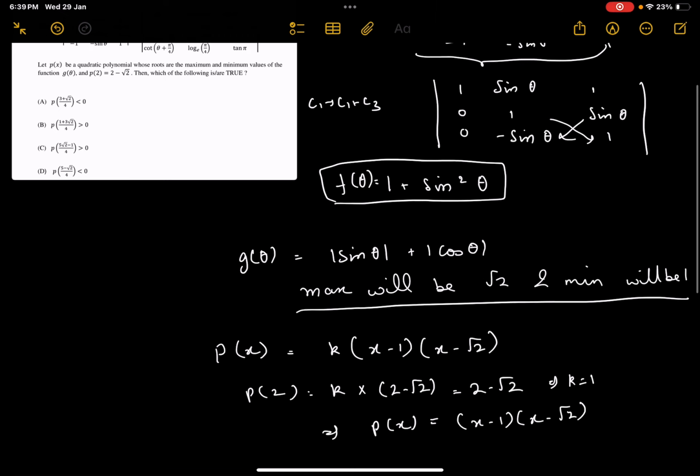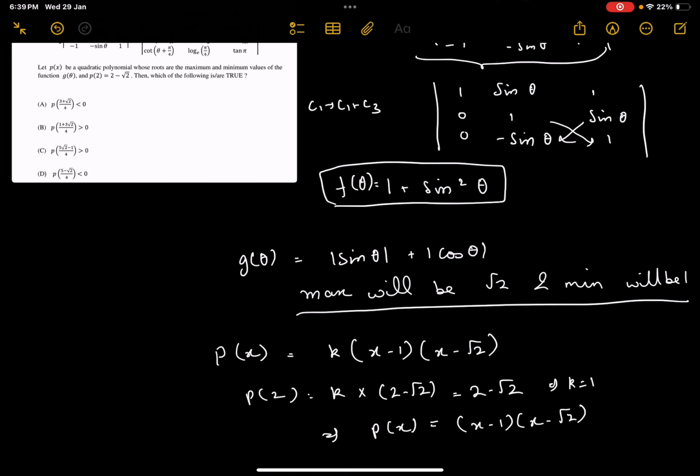So this function p x would be less than 0 when x is in the interval between 1 and root 2. The point 3 plus root 2 by 4, yes, it is in this interval because it is 3 by 4 times 1, 2 by 4 times root 2.